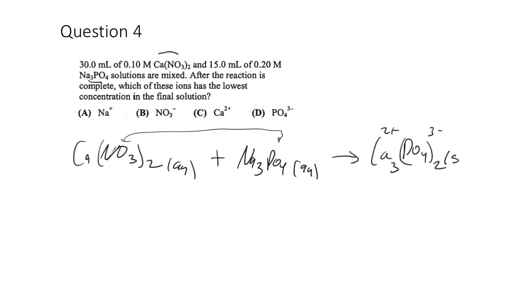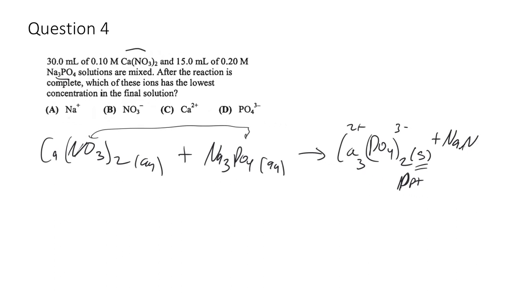And then this is insoluble, so this is the precipitate. From our solubility chart, we could check it, but calcium phosphate's insoluble. Then our byproduct is going to be sodium nitrate. And then this is water soluble.